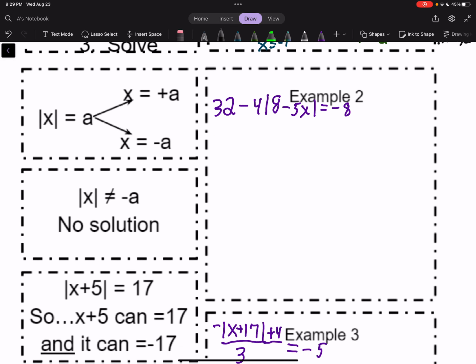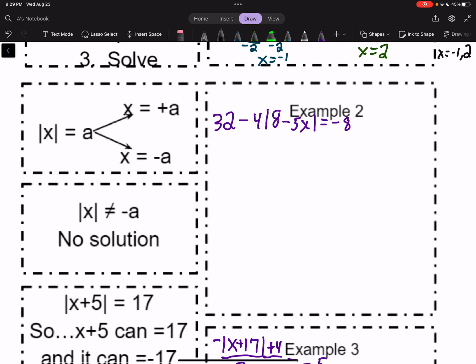Example number 2. We're going to subtract 32 from both sides to isolate our absolute value. So this is going to give us negative 4, absolute value of 8 minus 5x equals negative 40. Divide by that negative 4 out front.